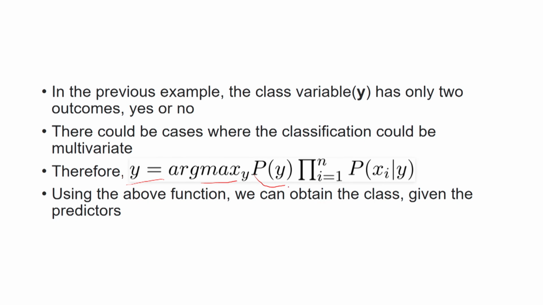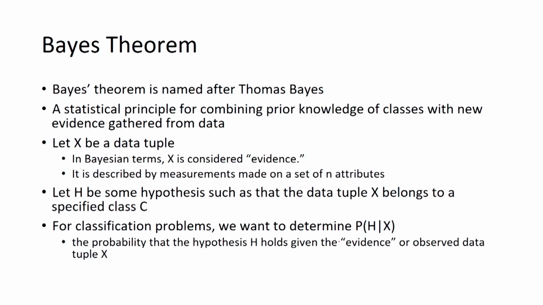For y we will find the y for which this expression is maximum, meaning the y for which probability of y given x is maximum. If it is maximum for the 0 value of y, we will assign class 0 to x. If it is maximum for y equal to 1, then we will assign class 1 to x. So, this is the idea.